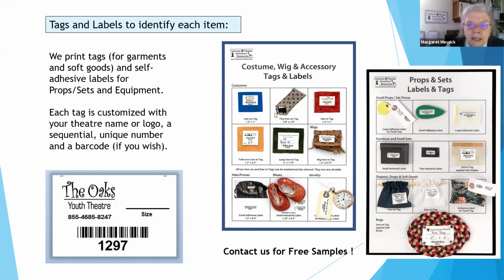The very tiny iron-on tags, about 1 inch by 1/4 of an inch, you really can't see because they're so tiny, and they can even be put in a shoulder or somewhere else in the item and not be seen.